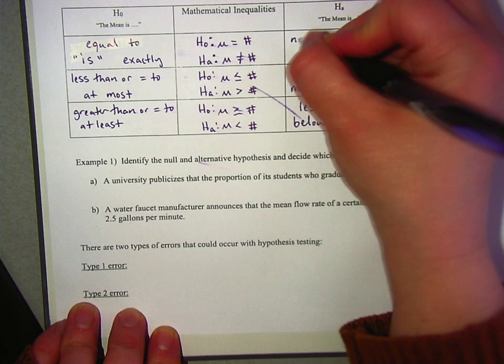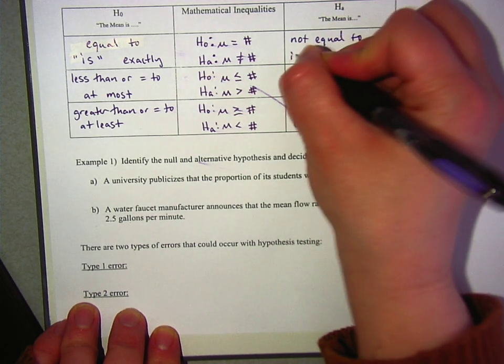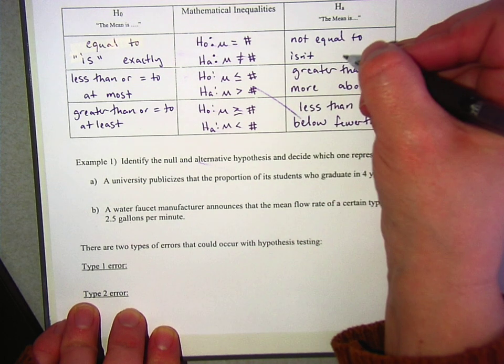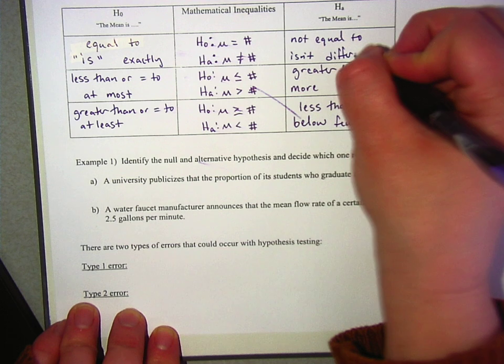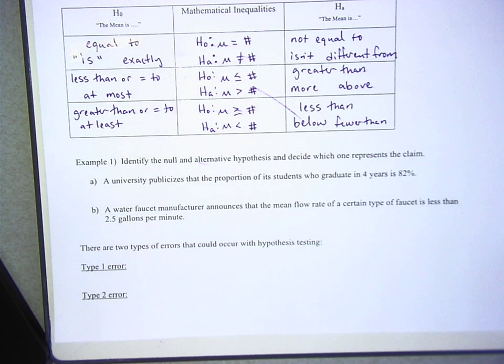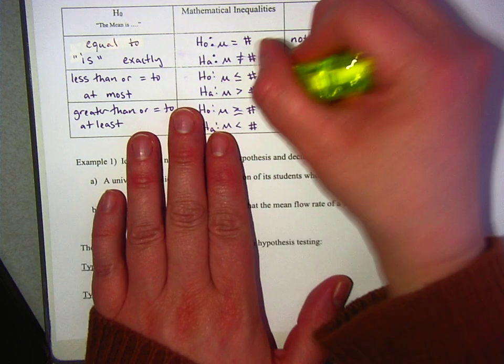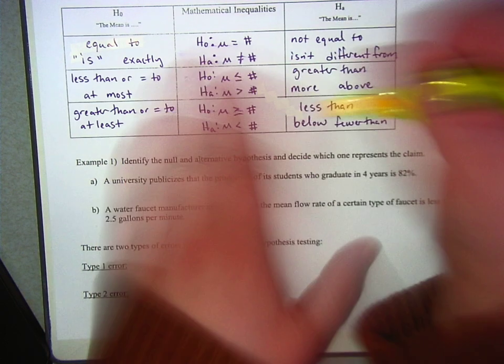This is not equal to, or isn't. Or sometimes they'll just say different from. So these are keywords to look for when you're talking about a hypothesis. And you have to identify which kind it is.